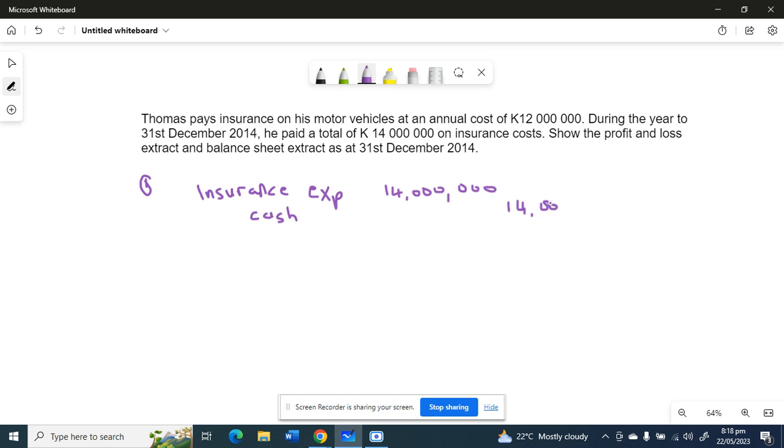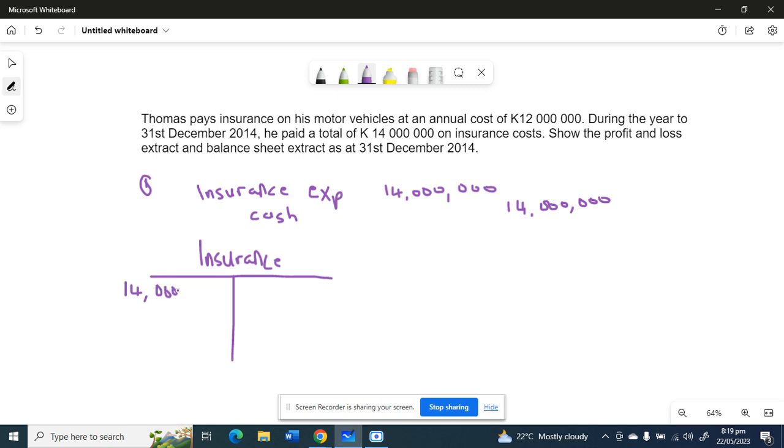Let me also open the T account so we get the full picture of what is going on. The cash account is not necessary for this, but the insurance expense account, the ledger or T account, we have 14 million on the debit side.